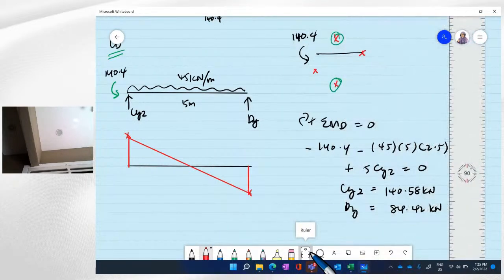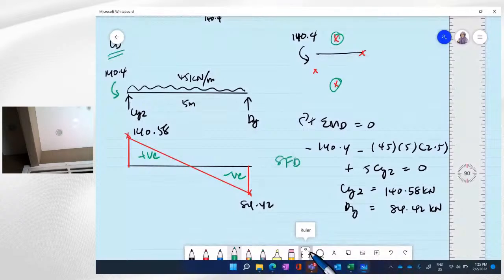This is 84.42. This is 140.58. So this is positive, this is negative. And this is the shear force diagram.